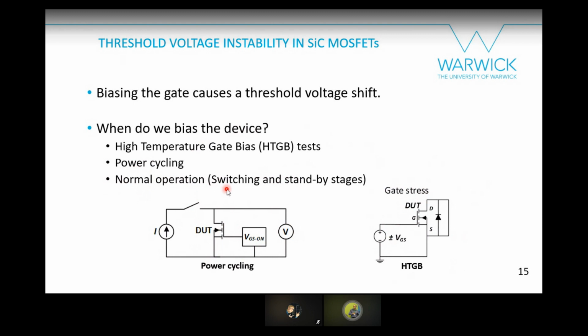And then also during normal operation, you're going to have switching stages and standby stages. So switching, people are now reporting that also causes a switch-induced threshold voltage shift. And you also have the standby stages. So you have a gate voltage of -5, and your converter is off for 1 day, 2 days. You're going to have your gate biased with -5 volts. So that's interesting to know what can happen there.